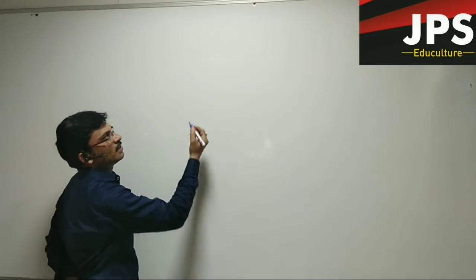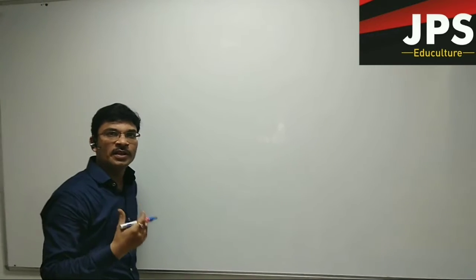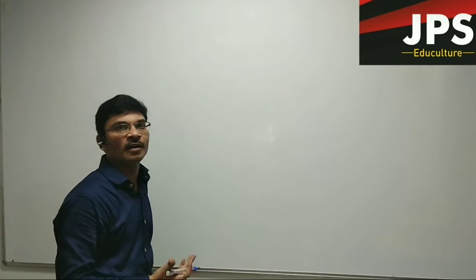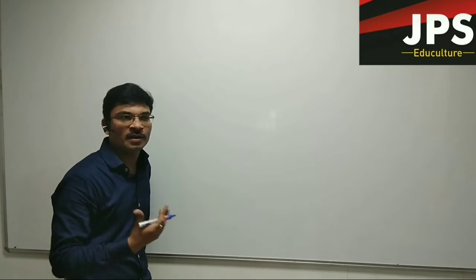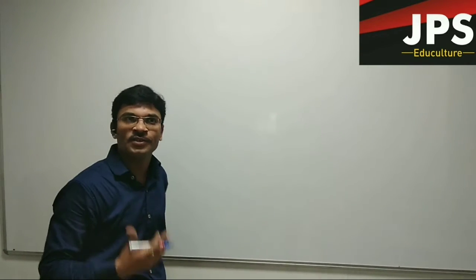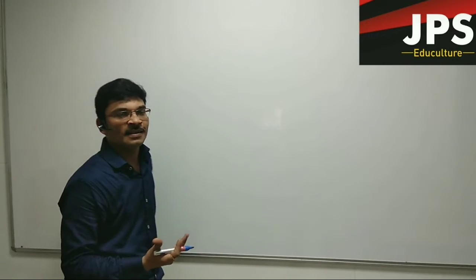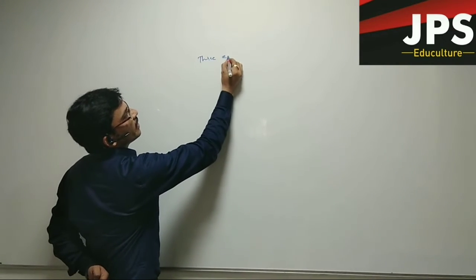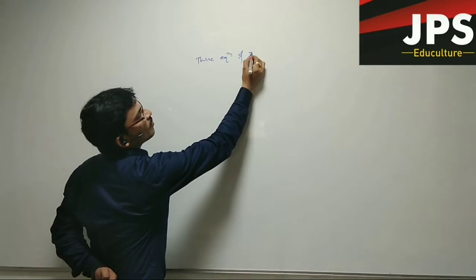Hello students, now we are going to learn about the equations of motion. That is the most important part of the numerical of this chapter. This part is very beneficial for those students who opt for science. Let's start. There are three equations of motion.